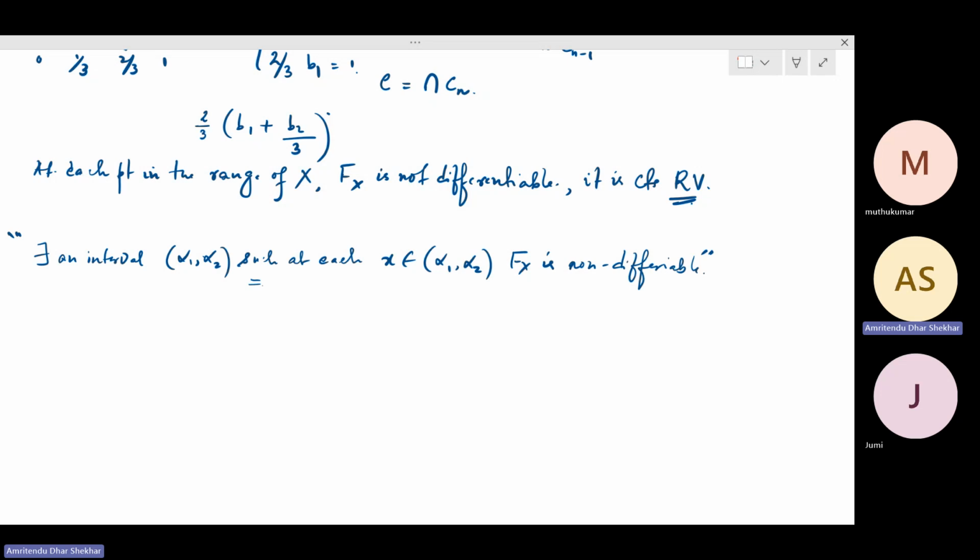I think this statement is not true. In other words, a CDF is differentiable almost everywhere. Just give me a second.